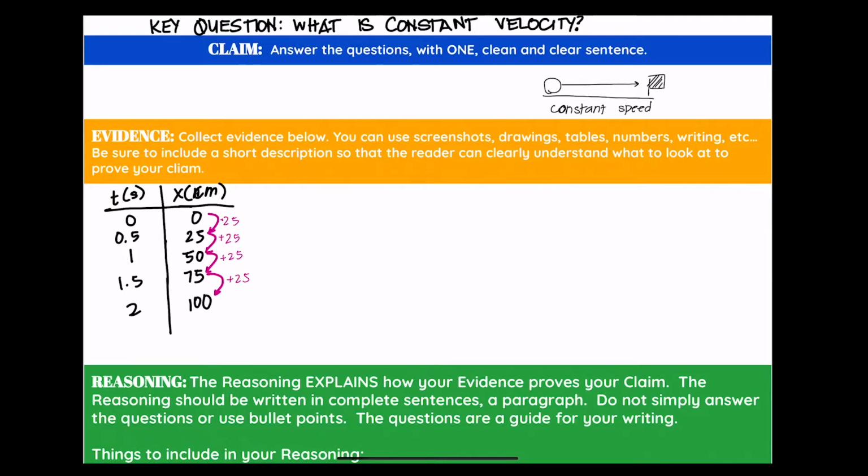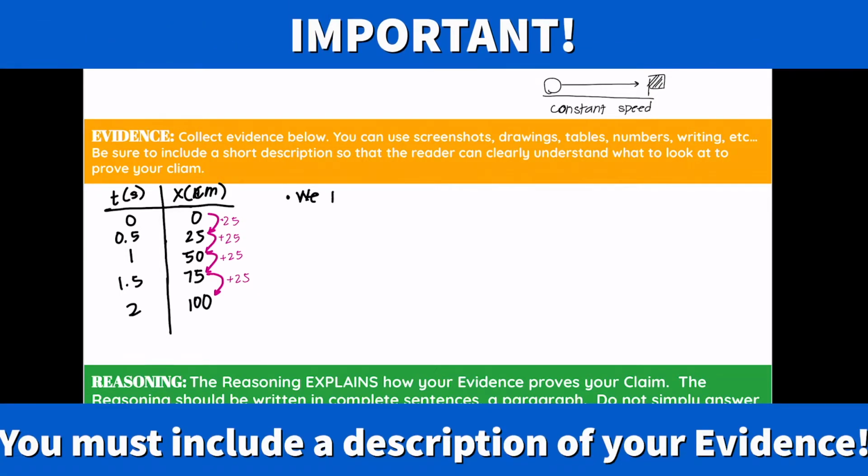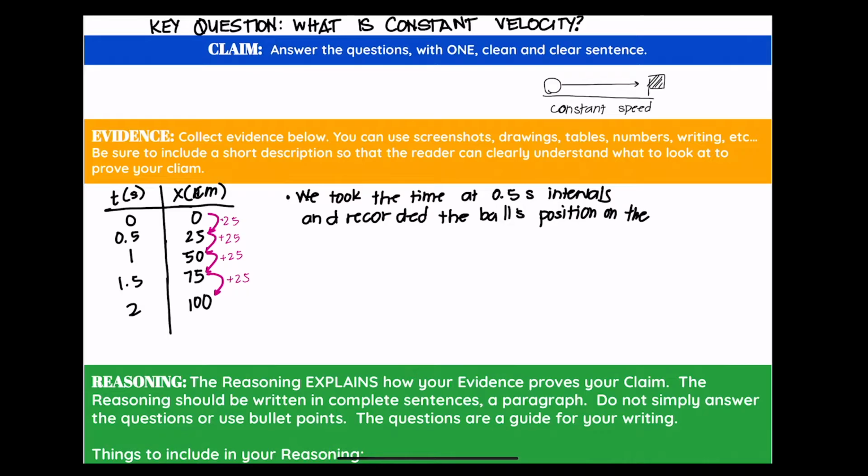And so I'm going to say in my evidence that my group and I took the time at 0.5 second intervals and recorded the bowling ball's position on the ruler.